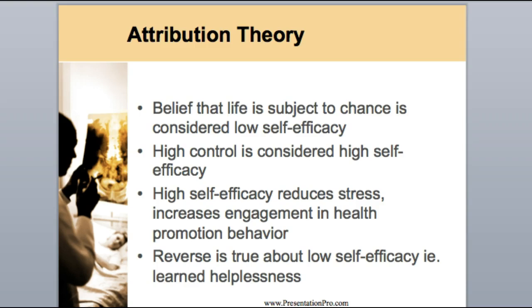That is considered somebody with low self-efficacy. They believe they are not in control of what is going on with them, whether that's a disease course or what is going on with their body. And so they're less likely to assert control over what is going on with them.